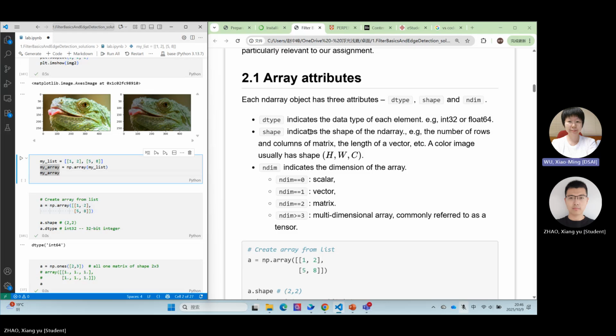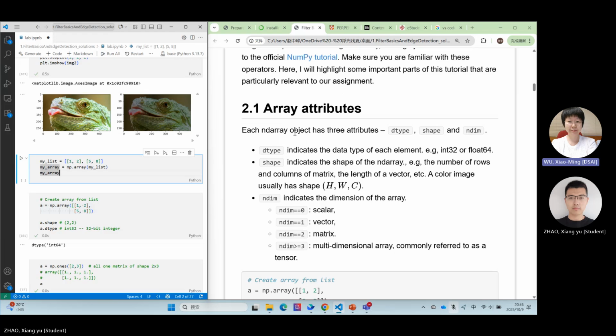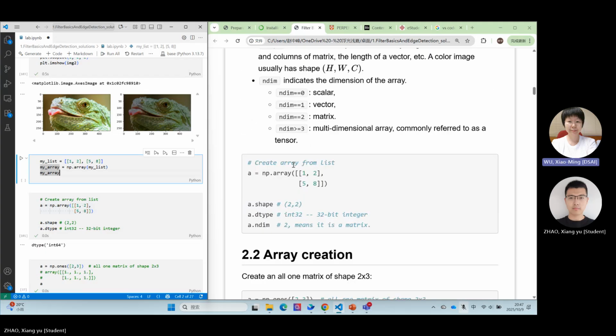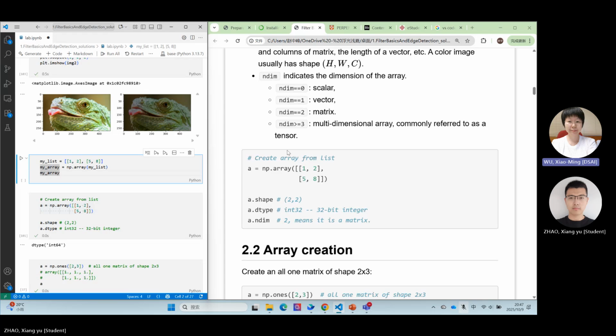This is not very important, but you should be clear that when you transfer the array to the Pillow image type, the ND array type should be 8-bit unsigned byte.